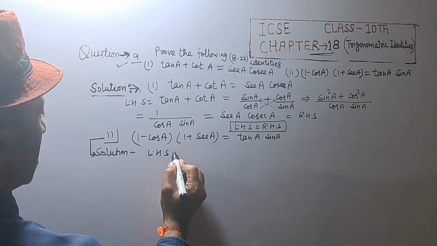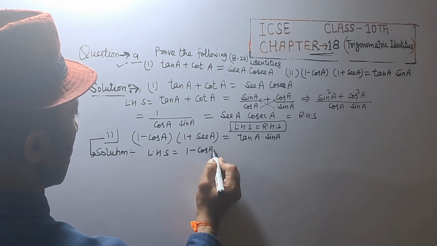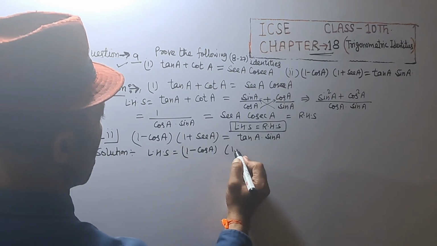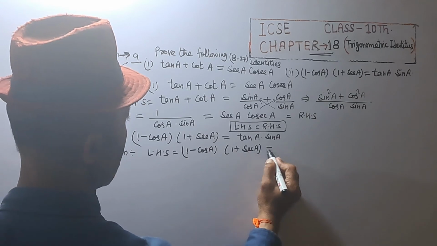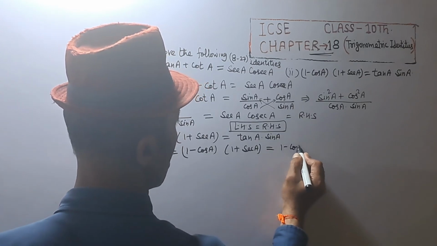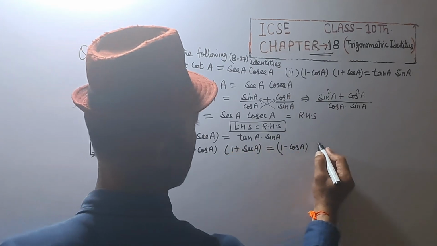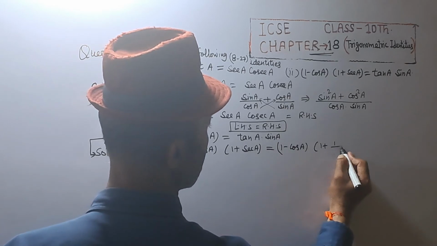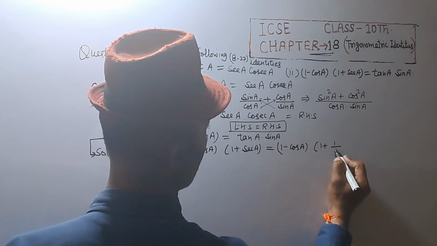Taking left hand side, 1 minus cos A into 1 plus secant A, that is equal to 1 minus cos A and 1 plus secant A, where secant A is 1 upon cos A.